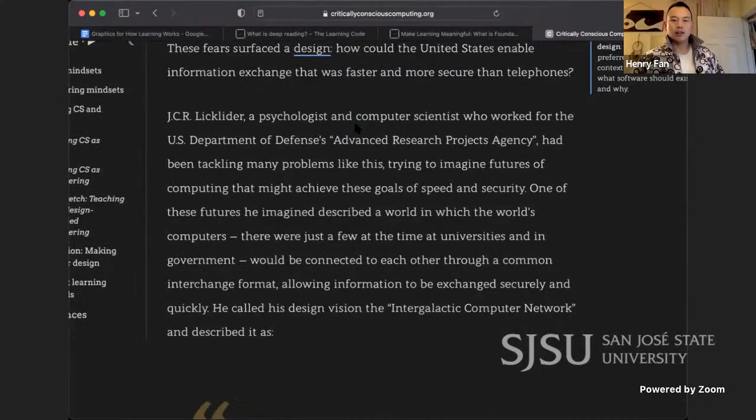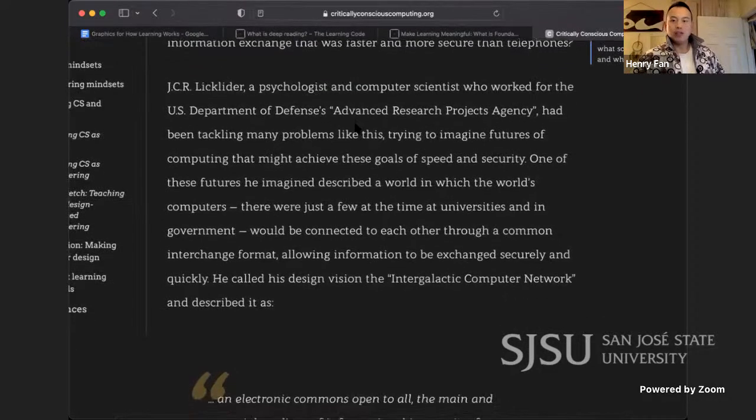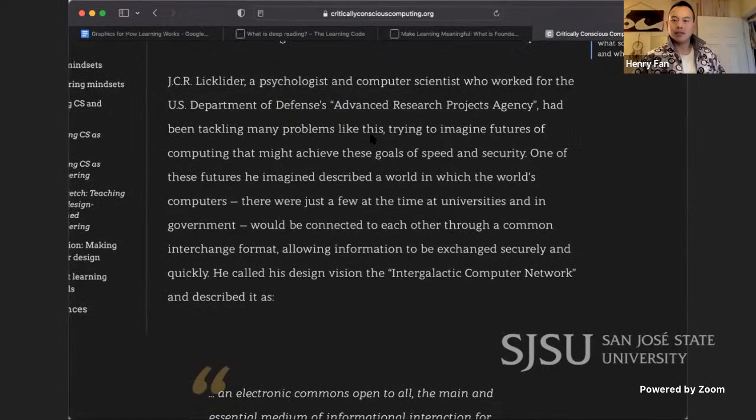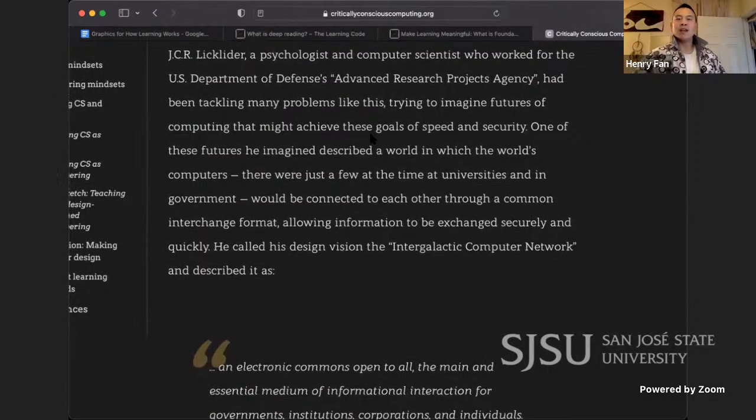J.C.R. Licklider, a psychologist and computer scientist who worked for the U.S. Department of Defense Advanced Research Projects Agency, had been tackling many problems like this, trying to imagine futures of computing that might achieve these goals of speed and security.